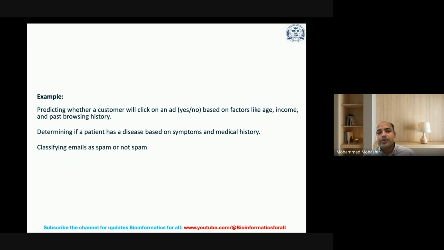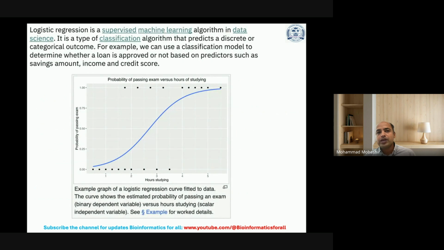After that, you need to understand some examples, like predicting whether a customer will click on an ad, yes or no, based on factors like age, income, and past browsing history; determining if a patient has a disease based on symptoms and medical history; classifying emails as spam or not spam.